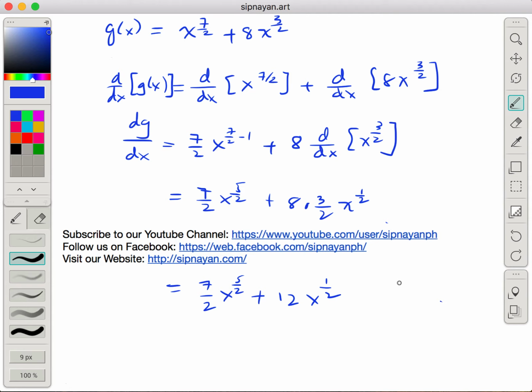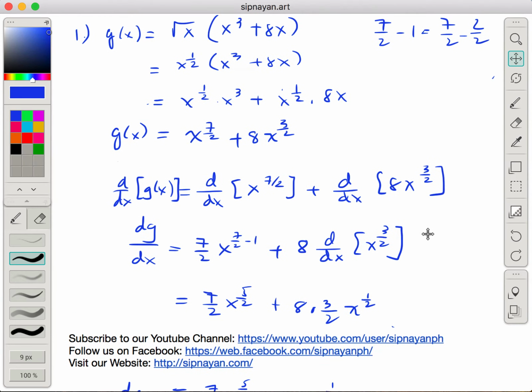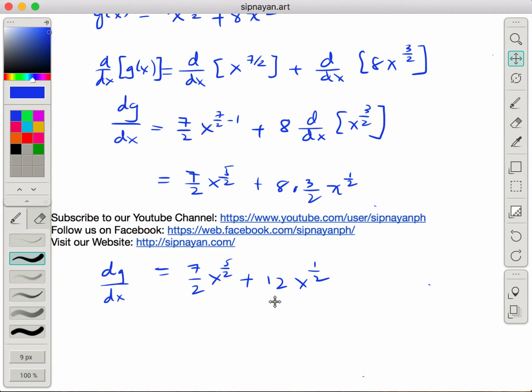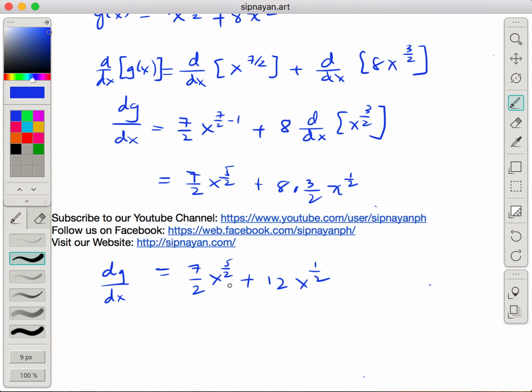Okay, so tama ba yung ating review lang natin? 3 halves tapos naging 1 half tapos ito. So, this is already correct, no? This is dg over dx o siyempre g prime of x pwede natin lagay. This is already correct, but minsan meron tayong habit na pag may radical dito, radical din yung sagot natin. So, tanggalin natin yung exponent, no? Yung rational exponent.